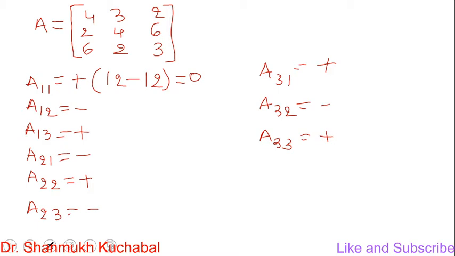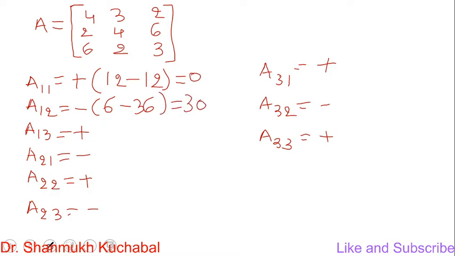Further we'll take the next position as A12, row 1 column 2. Corresponding row and column we eliminate. 2 3s are 6 minus 6 6s are 36. So we get 6 minus 36, so we get the solution as minus 30 here.